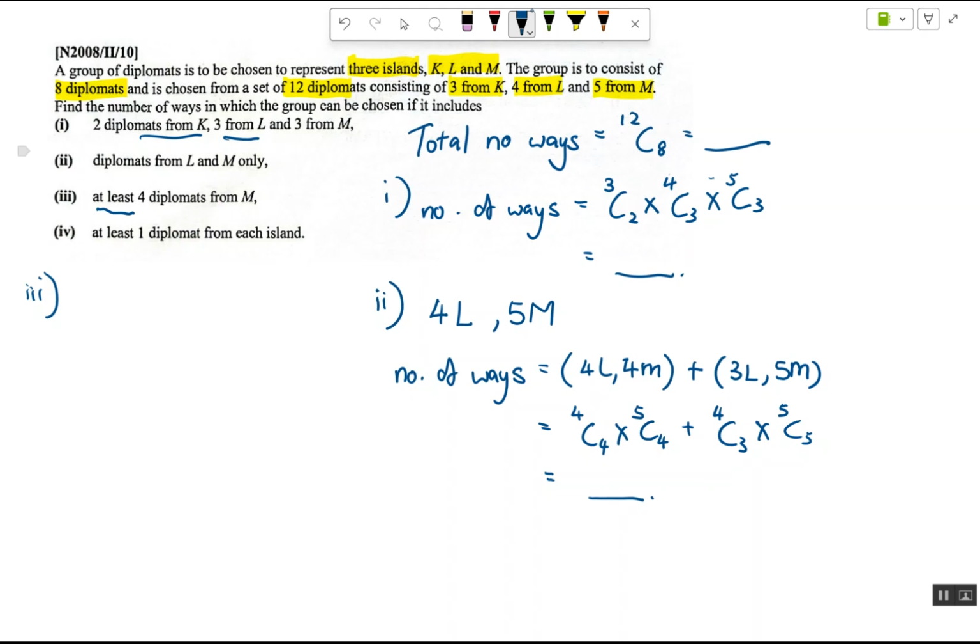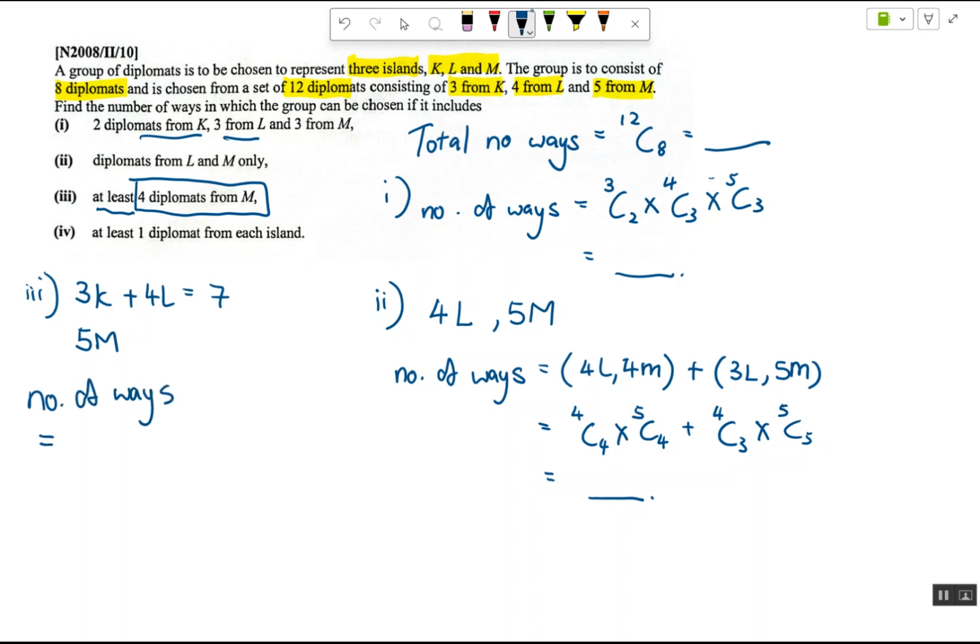But in this case it makes more sense to find out directly how many ways I can have 4 or more from M. Then you can put the 3 persons from K plus 4 persons from L together. That will be 7, so there are 7 people to choose from. Now I know that there are 5 persons in M. In this question, with at least, you will have more than one case.